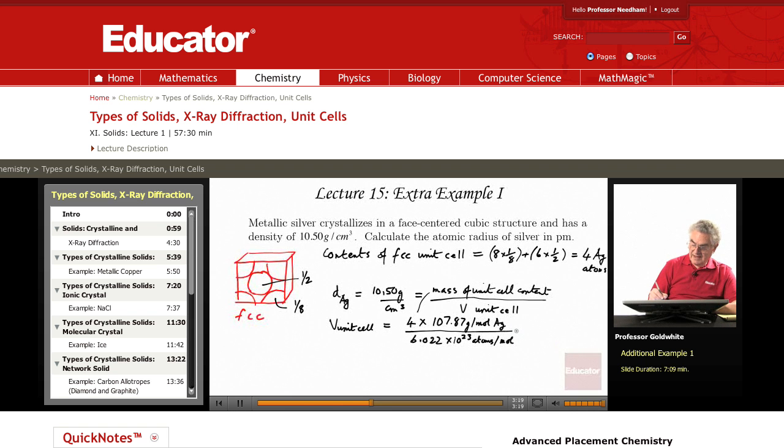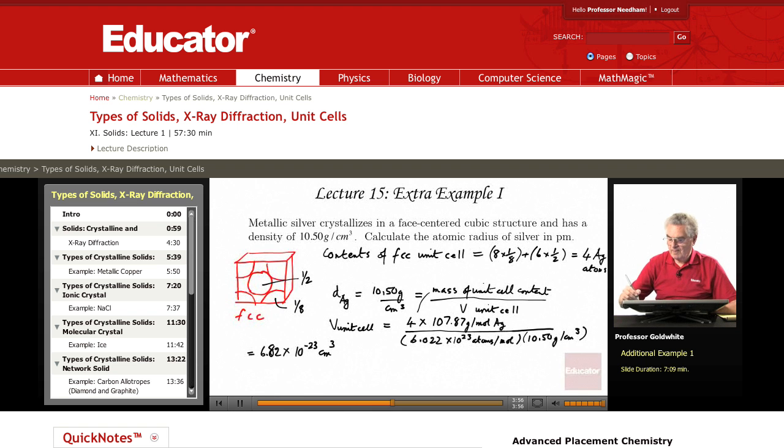And now we divide that by the density, 10.50 grams per centimeter cubed. The volume of the unit cell then comes out to be 6.82 times 10 to the negative 23 cubic centimeters. Not very large, but not surprising. We're talking atomic dimensions here.